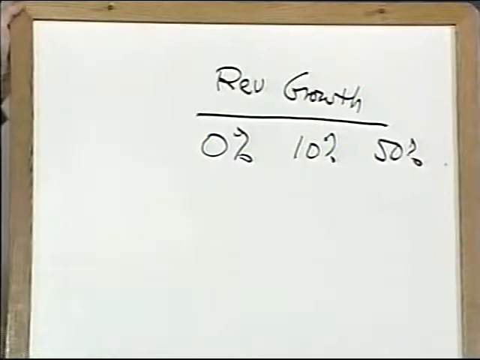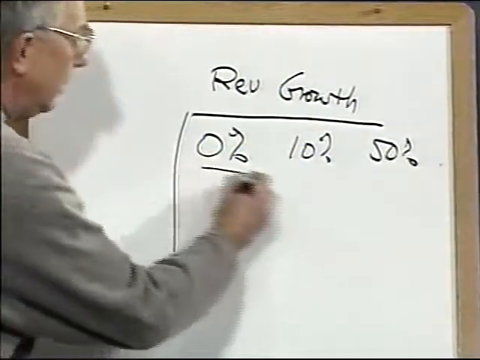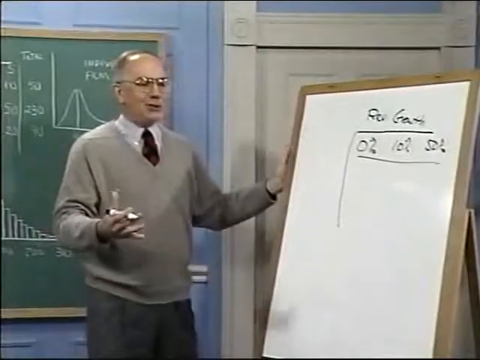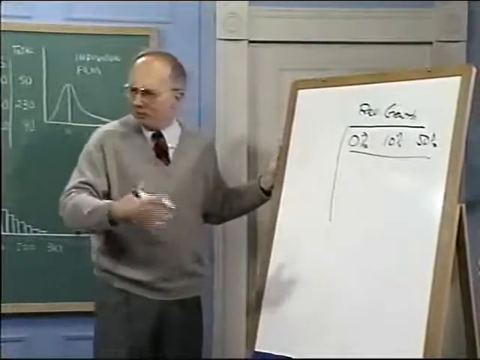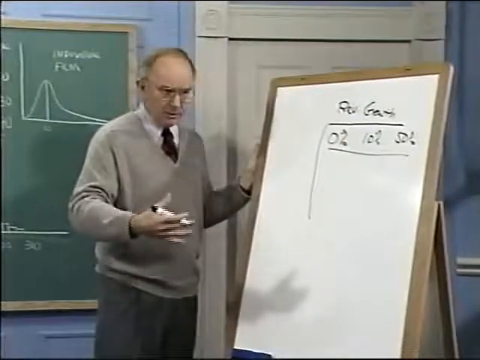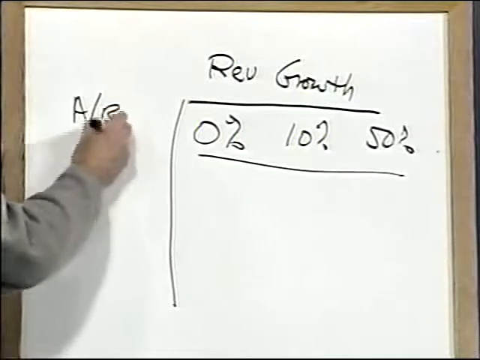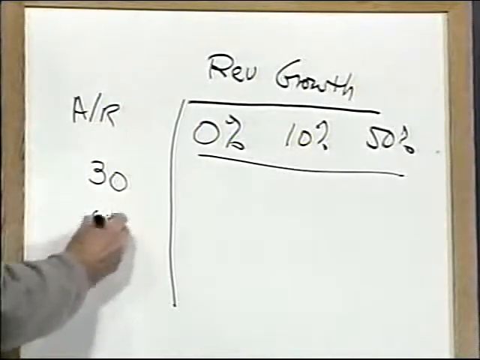And maybe I also want to track my receivables collection, how quickly I will collect my accounts receivable, what people owe me. How quickly will the credit I've extended to people come back to me? That's what we call accounts receivable. And maybe I'll collect my receivables in 30 days, 40 days, or 50 days.